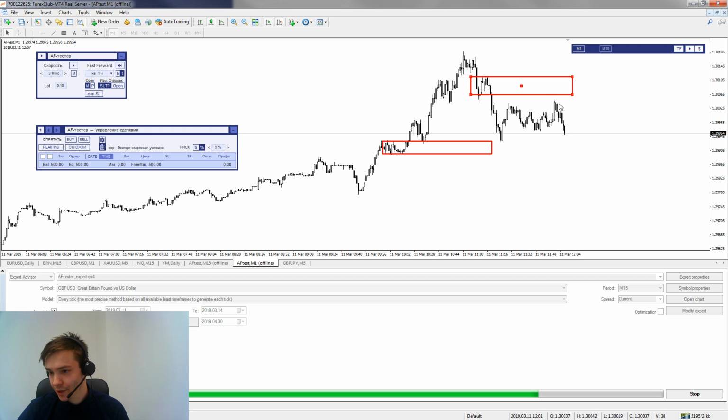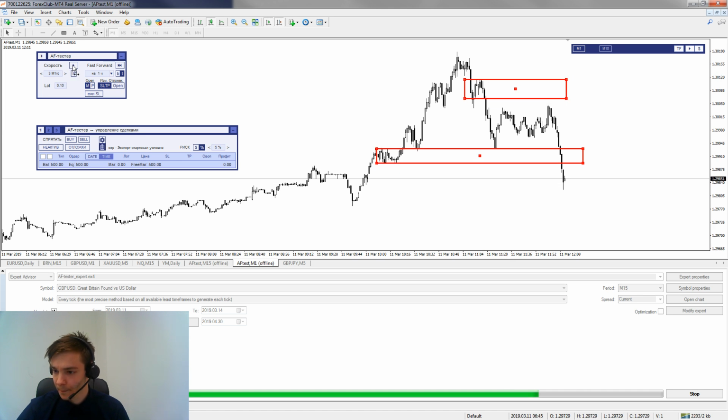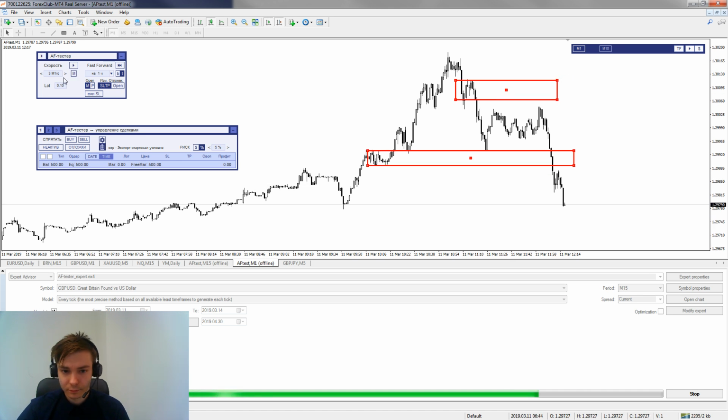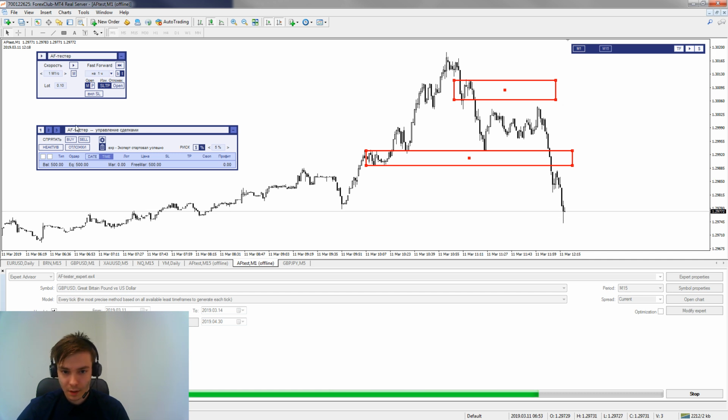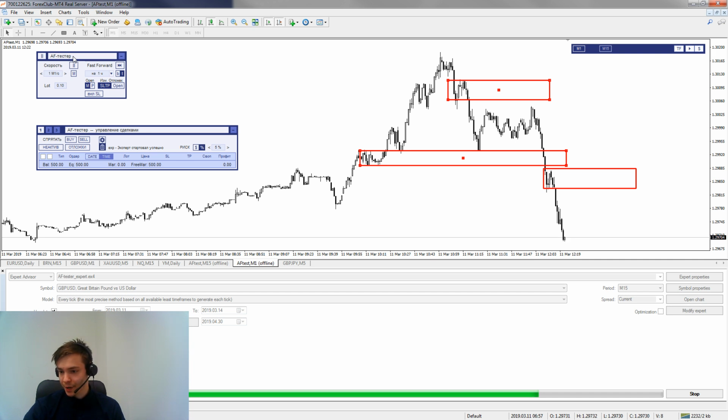Okay, we see some reaction here. So here we have a nice consolidation to open the trade.